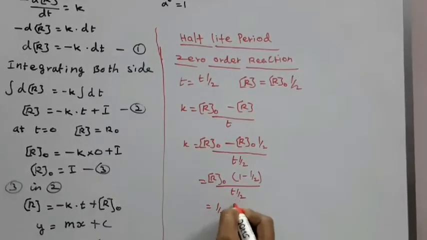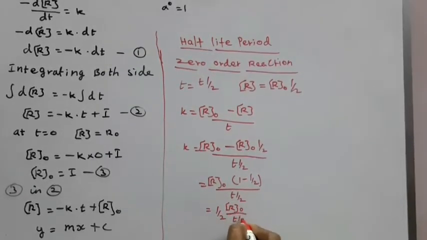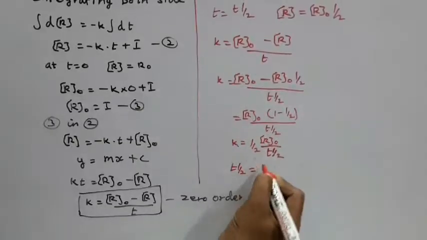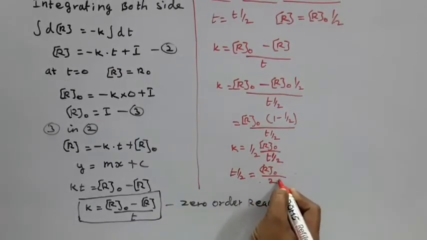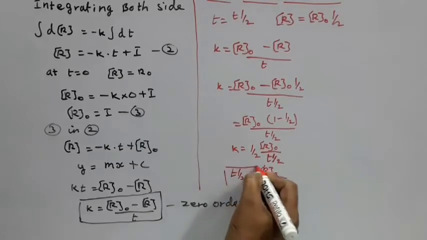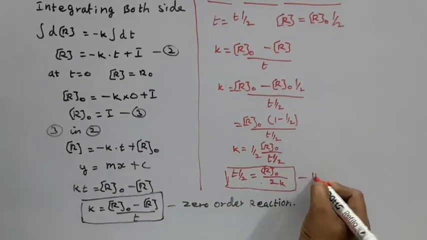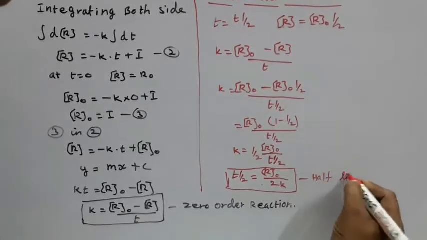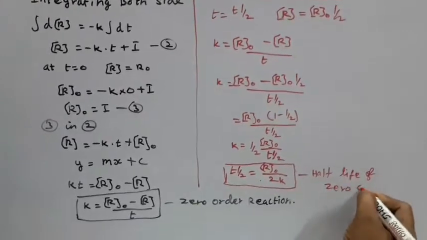So t half equals R0 by 2k. This is the half-life period of the zero order reaction.